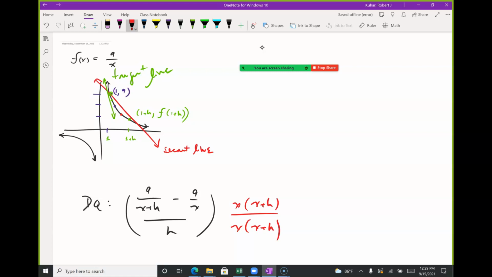When we're doing a difference quotient with a radical, we're going to use a conjugate. When we're doing a difference quotient with a polynomial, we're going to be factoring. And when we're doing a difference quotient with a rational function, a fraction, we're going to be doing an LCD, right?